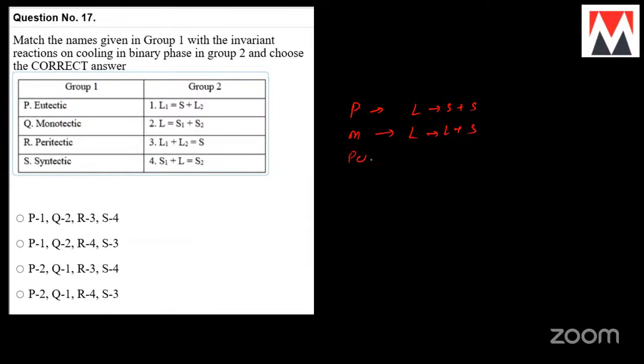For peritectic, you'll be having liquid plus solid giving you solid, and syntectic is remaining. Syntectic is liquid plus liquid giving you solid. So what is the answer? You get eutectic P is 2, and monotectic Q is 1, liquid giving you liquid plus solid. So it is 2143.